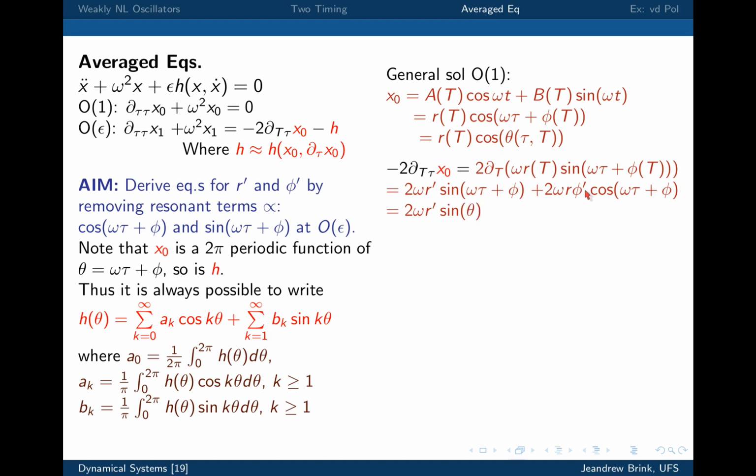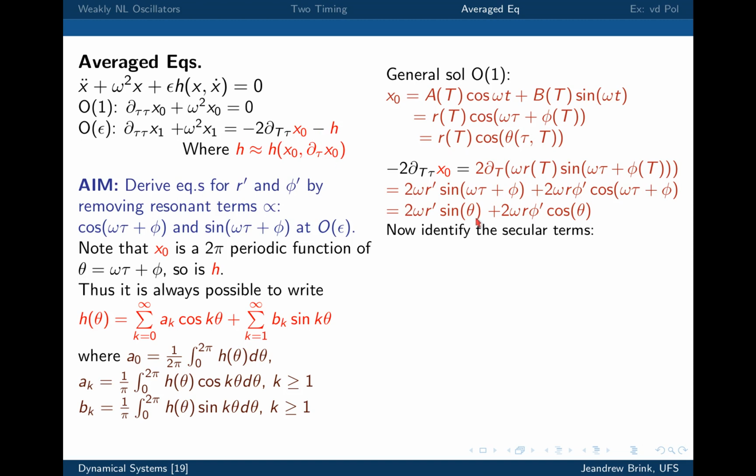Okay, and we can now simplify it by replacing what this omega tau plus phi is. It's just theta, plus the second term, 2 omega r phi prime times cos of theta. Okay, and so what we now want is to identify all the secular terms on this right-hand side.